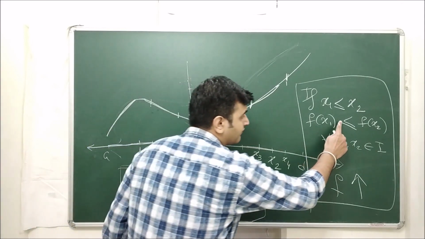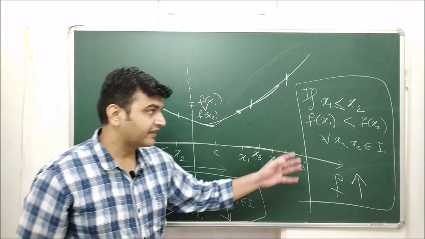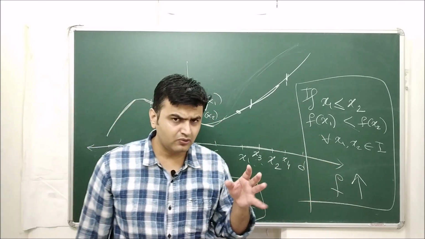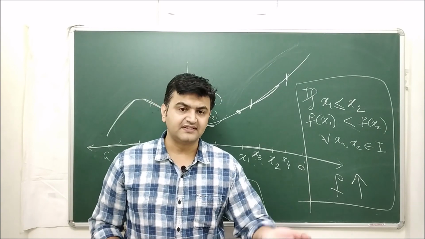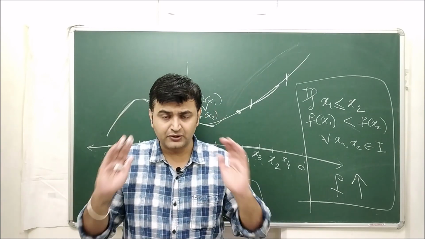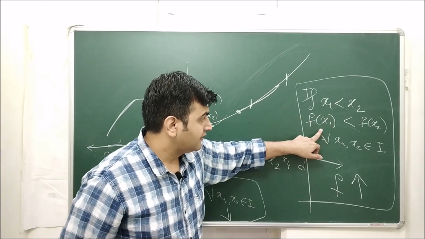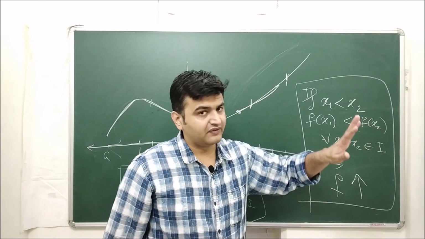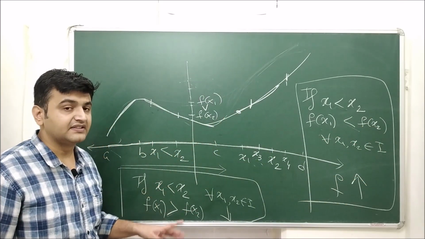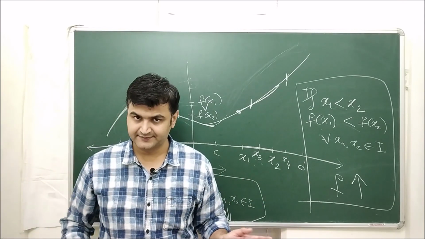And if you have strict inequality, then people say that the function is strictly increasing and strictly decreasing. Some authors do this bifurcation, but since I am referring to Thomas' book and he is not doing this bifurcation, we will only stick to one definition: if x1 is less than x2, then f of x1 less than f of x2, then the function is increasing, and for the other we will say the function is a decreasing function. So we will not go into strictness.